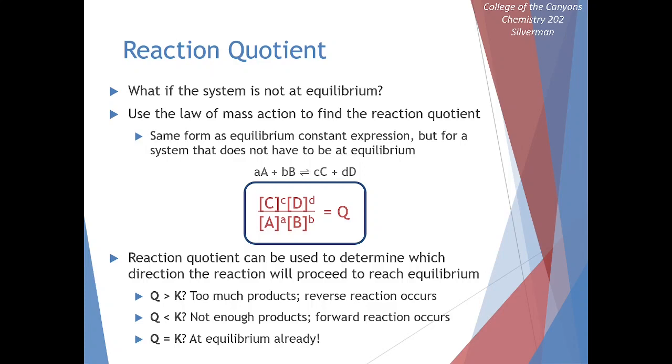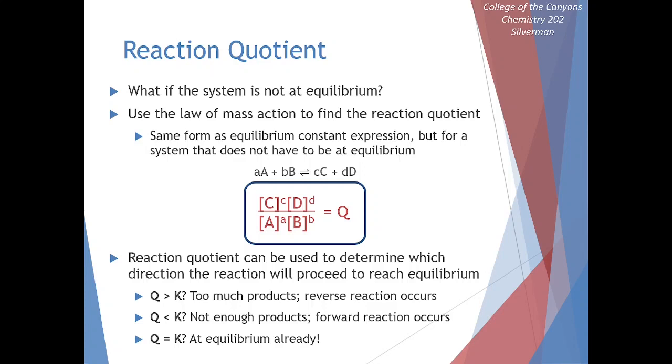A useful tool we can use is the reaction quotient. If our system is not at equilibrium, well, we can still write out the law of mass action. It just won't be equal to the equilibrium constant anymore. Instead, we can say that this is equal to the reaction quotient.